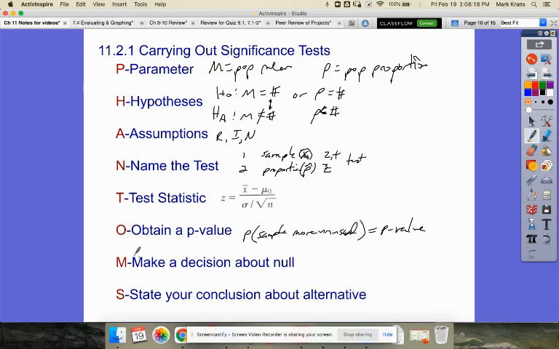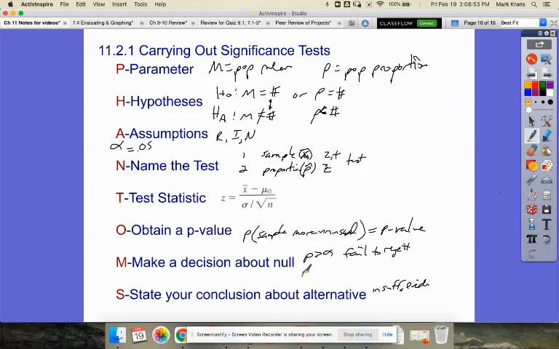Oh, I left it out way back out here. When you're talking about your parameter, really anywhere up here, if you want to put it in with your A, you have your assumptions and your alpha. Okay, your alpha, you set that equal to 0.05. Okay, so here, if your P is greater than alpha, then you fail to reject. And when that happens, you state that insufficient evidence in favor of the alternative.